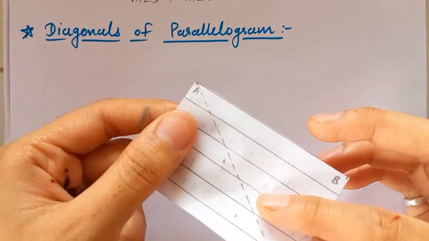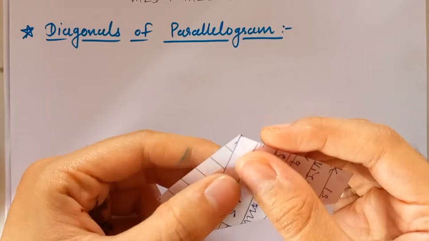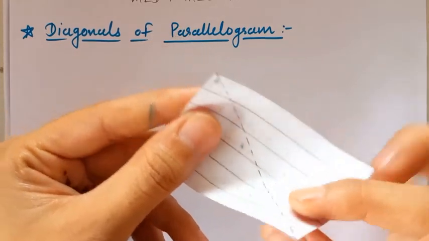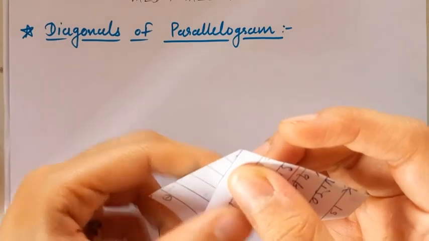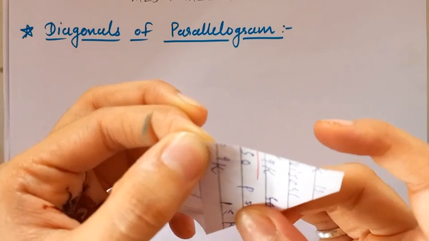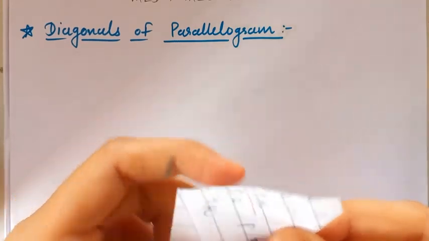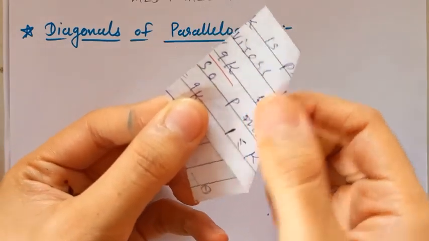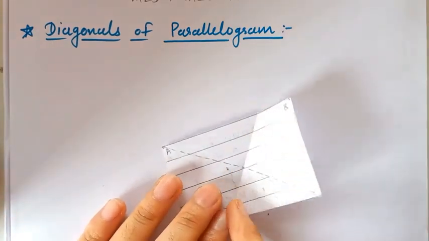As I am doing, you have to do the same thing. You have to place C on A to find the midpoint of diagonal AC. See, you get one line.